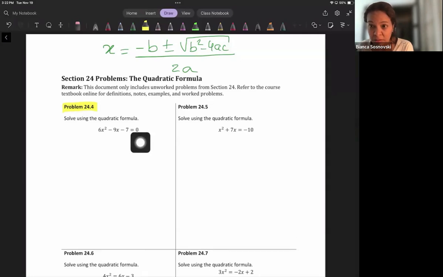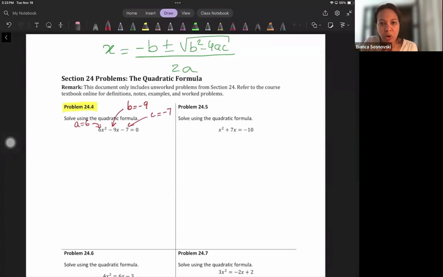That side there is 0. All right, so identifying the coefficients. From here, we have that A is positive 6, B is negative 9, and C is negative 7.